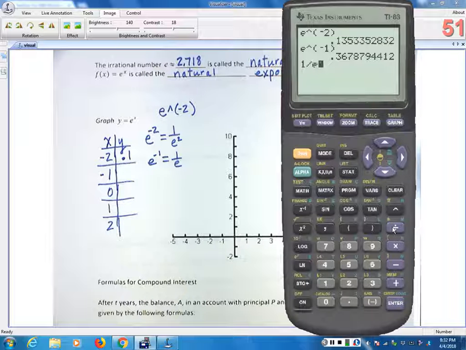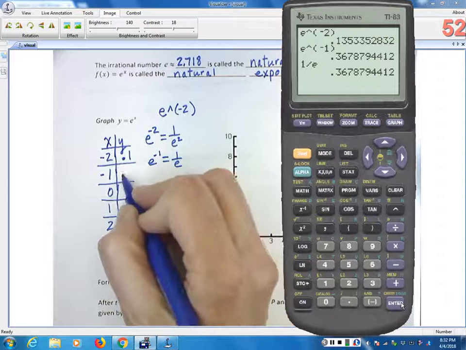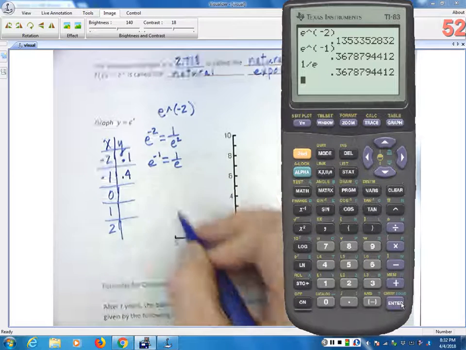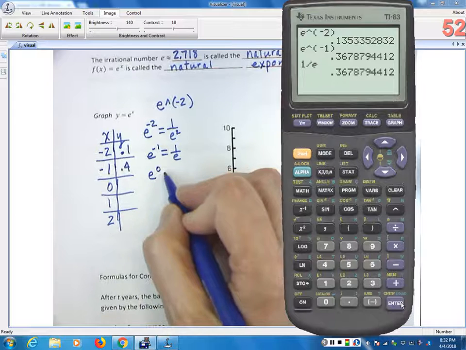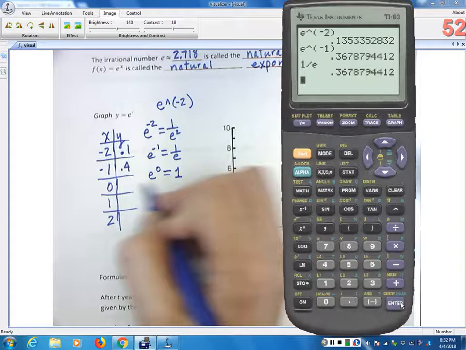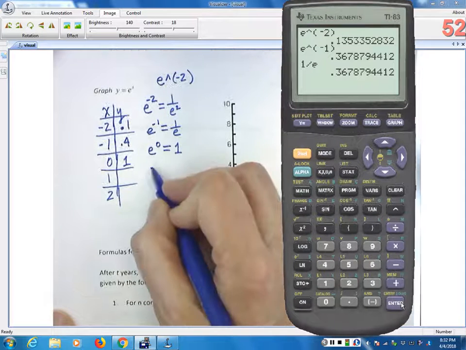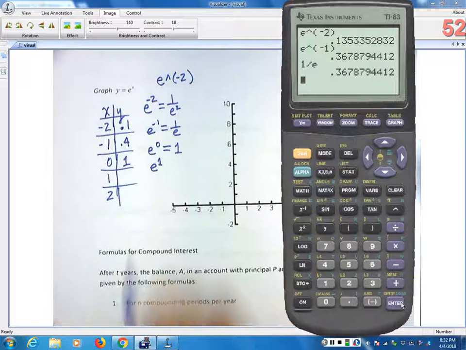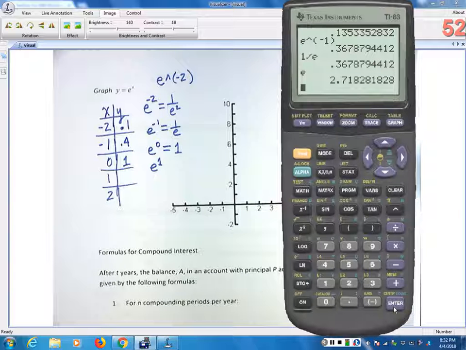You just want to use the second divided by sign is e. However you do it, this is 0.4 approximately. And e to the 0, anything to the 0 power is 1. And e to the 1 is just e. You can push second divided by, get the e and hit enter, and you get e.